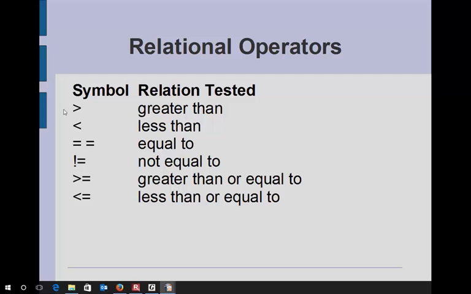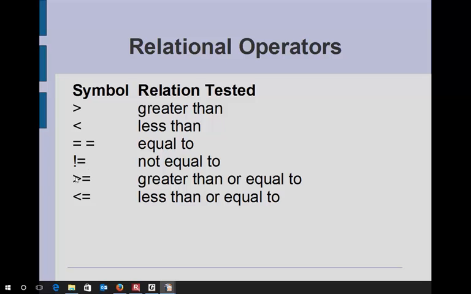If the left operand is less than the right operand, then of course the result is going to be false. So we are comparing the left to be greater than the right. In this case we are comparing left to be less than right. In this we are comparing left and right to be equal. Now remember there are 2 equal signs. If I just put one equal sign, it's not going to work. So we have to make sure that we put the two equal signs to compare for equality.